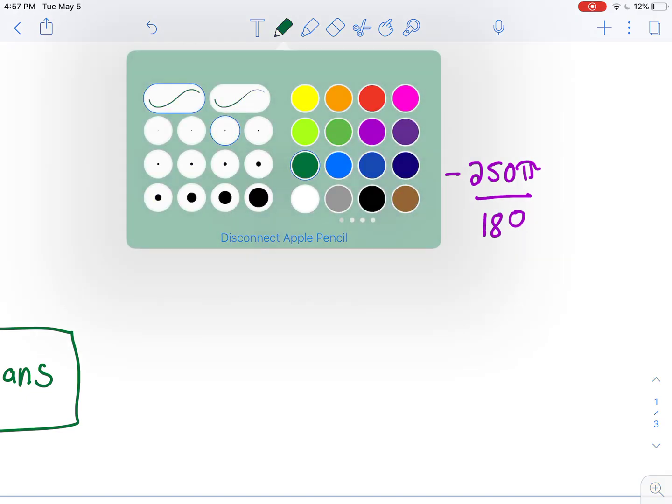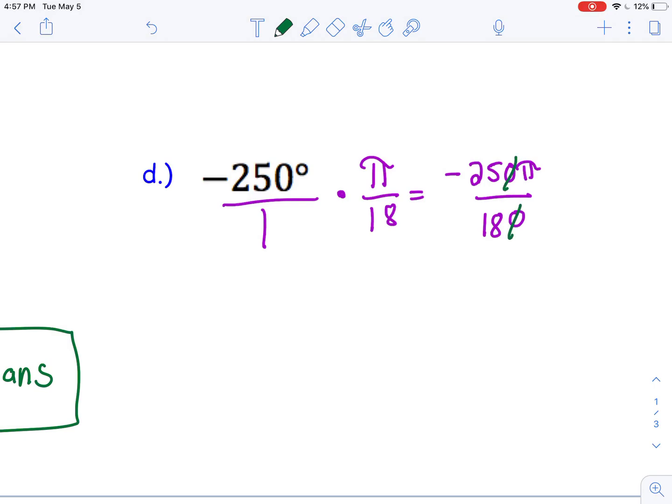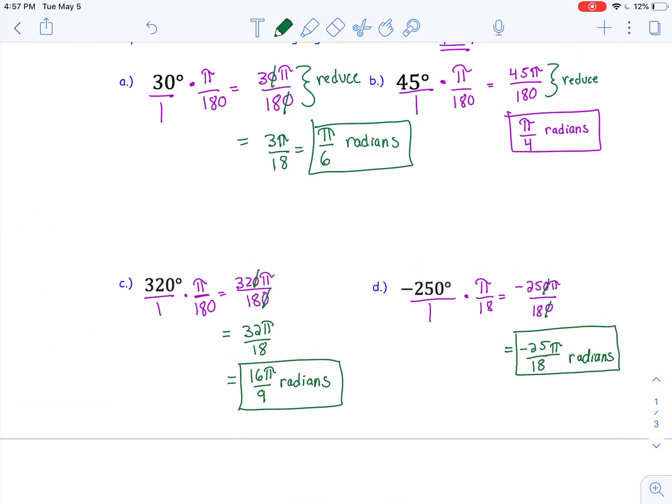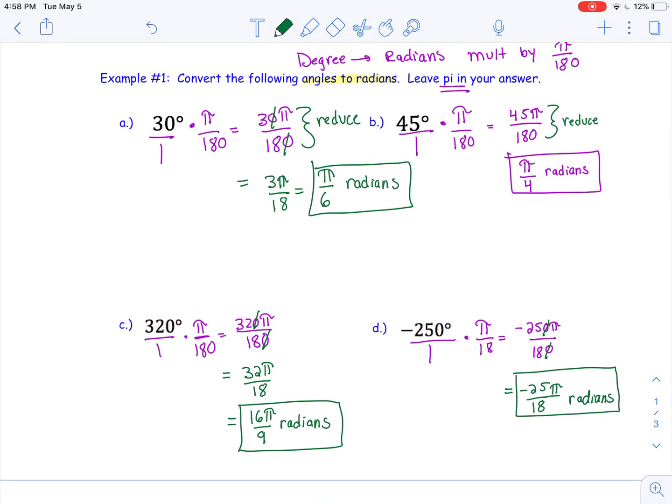I can simplify this, divide top and bottom by 10. That's going to leave me with negative 25 pi over 18 radians. So those are all of my conversions from degrees to radians.